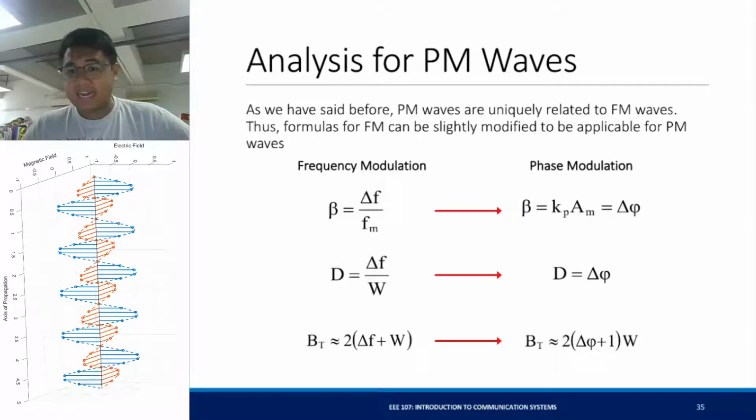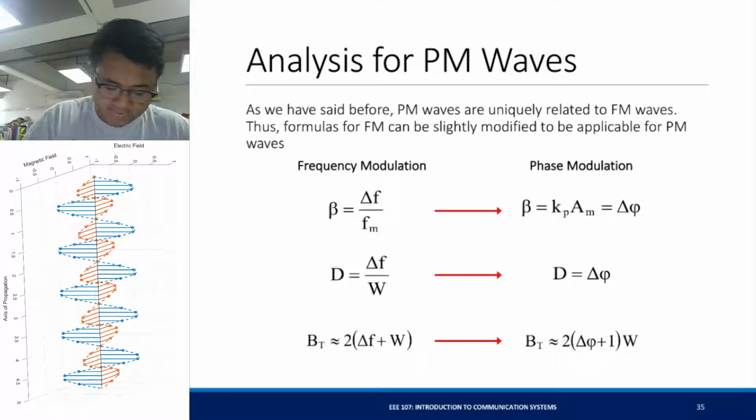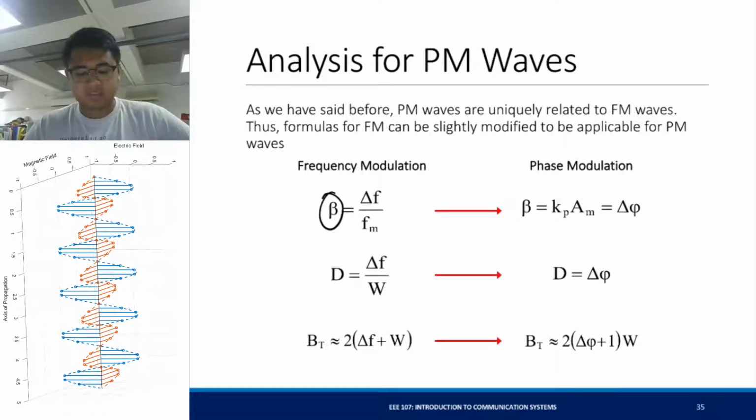So if we analyze that for PM signals, as we have said before, since PM signals are related to FM waves, the formulas we just need to slightly modify to be applicable for PM. So the frequency modulation has a modulation index delta f over f sub m. Okay?